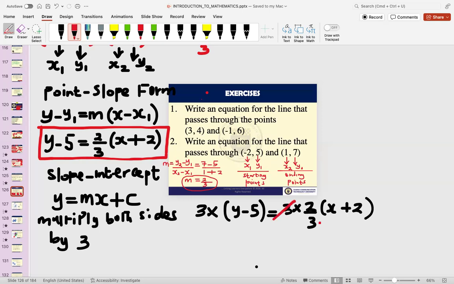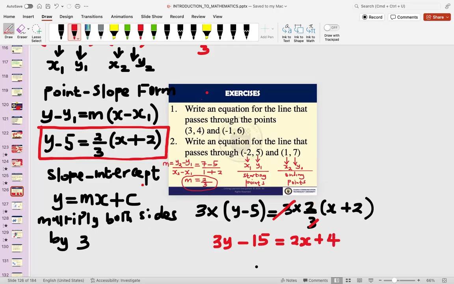This 3 here will cancel this 3 here. So finally, we have 3 times y, we have 3y minus 3 times 5, we have 15 is equal to 2 multiplied by x, you have 2x plus 2 multiplied by 2, you have 4.